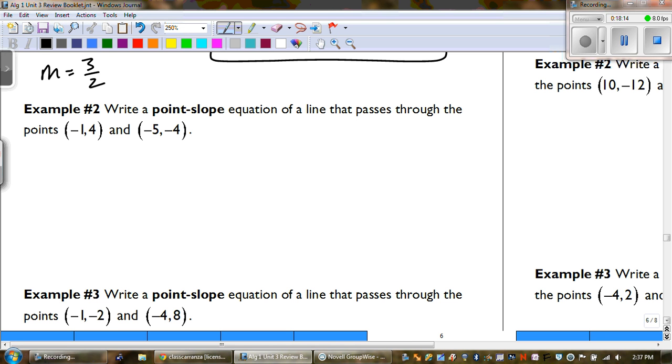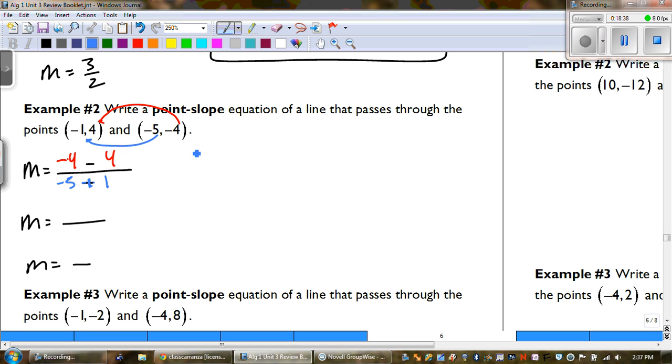So once again, write a point slope equation. Let's see what happens. -4 and 4. -5 and 1. -4 minus 4 is -8. And -5 plus 1 is -4.